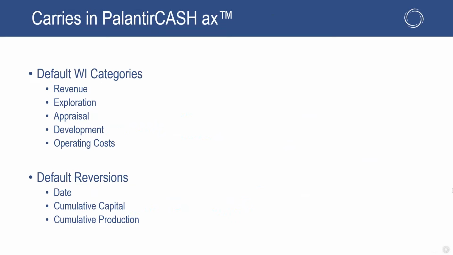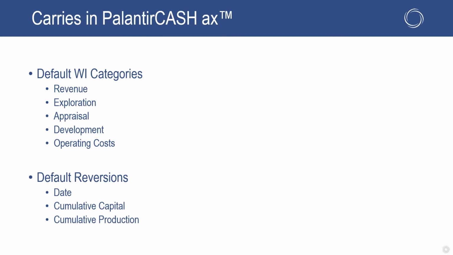So in CASH-AX, we have a few default working interest categories in all of our projects. So we have revenues and operating costs, and then capital categories of exploration, appraisal, and development. So you can customize these working interest categories.